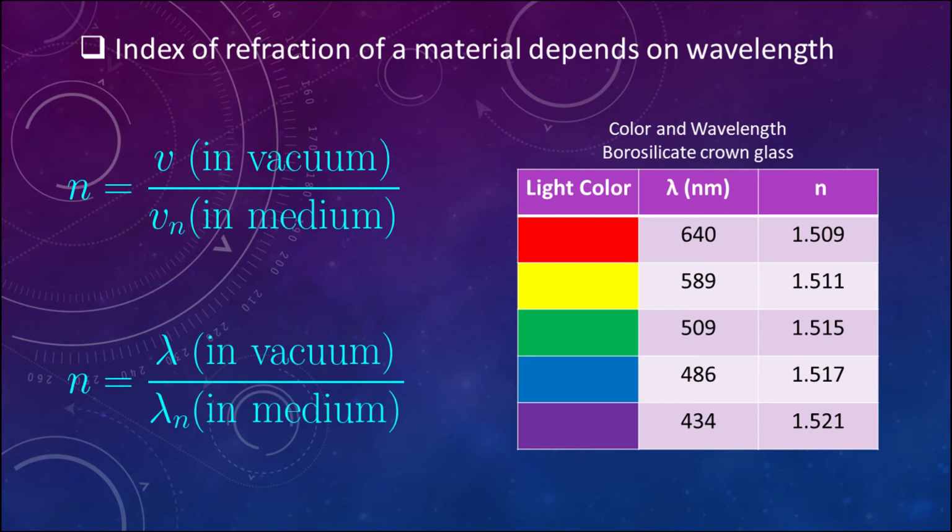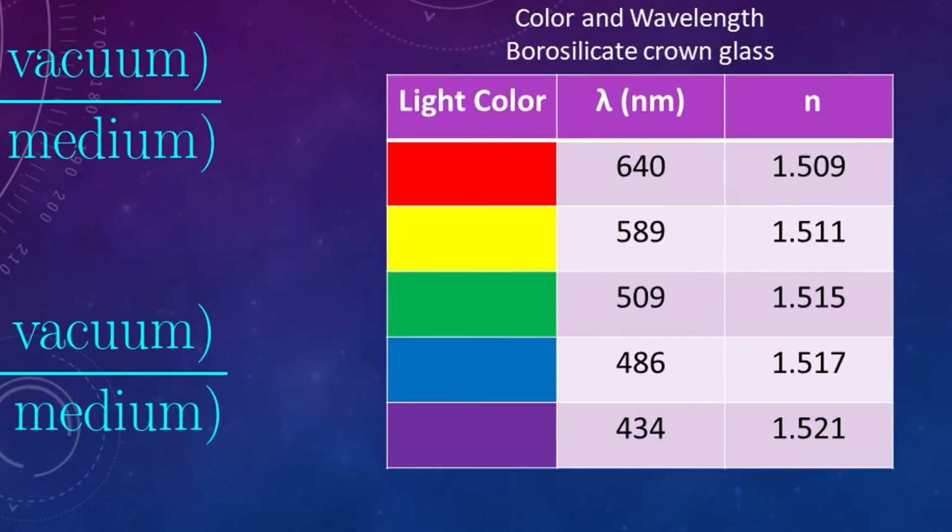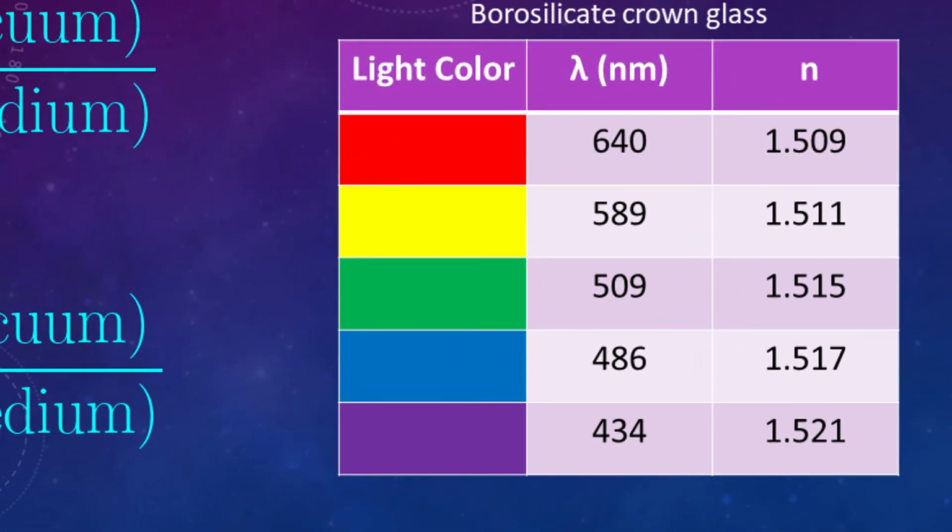In other words, for a given medium, as shown in the table here, the index of refraction varies with the wavelength or color of light passing through the medium. As shown in the table, the index of refraction of borosilicate crown glass has a value of 1.509 for red light and 1.521 for violet light.